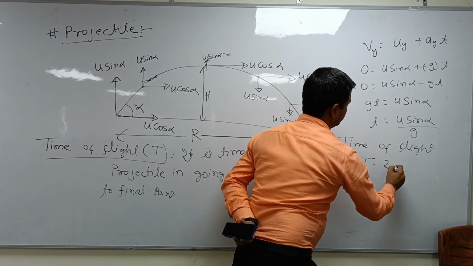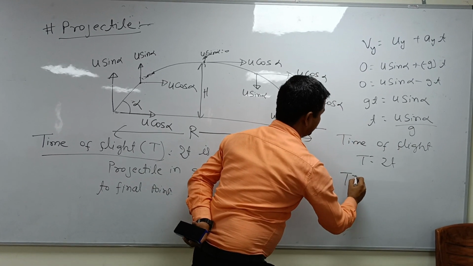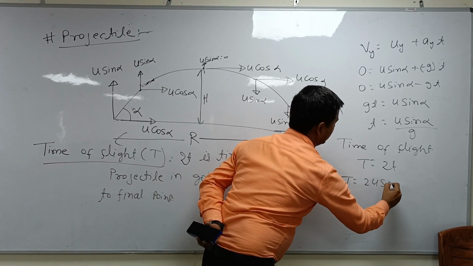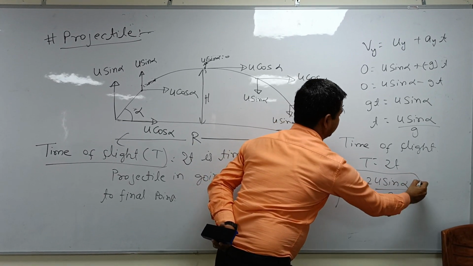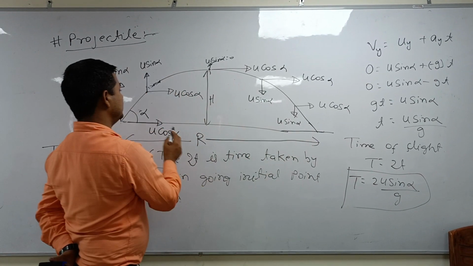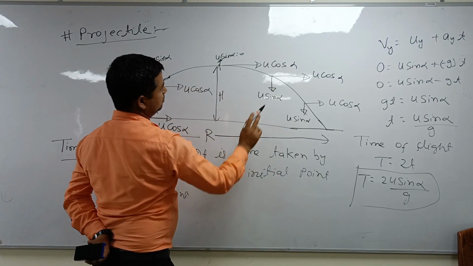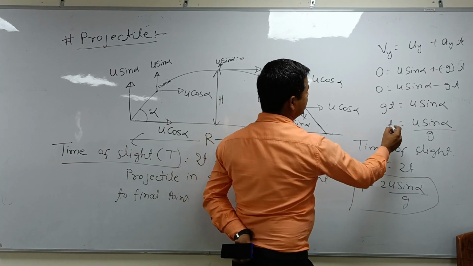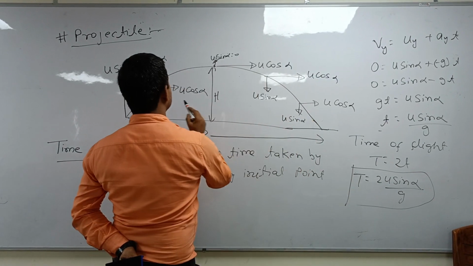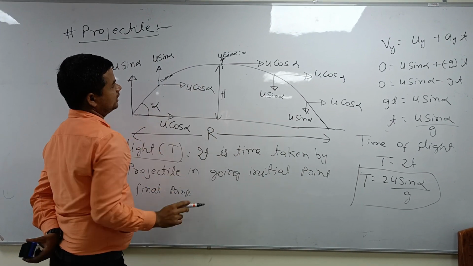This is the time taken by the projectile in going from the initial point to maximum height. The time of flight will be double this, because the particle takes this much time going up and the same time coming down. So time of flight T equals 2t, which is 2u sin alpha divided by g. This is the total time taken by the projectile from the initial point to the final point.